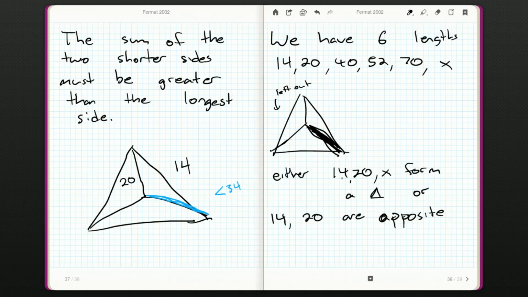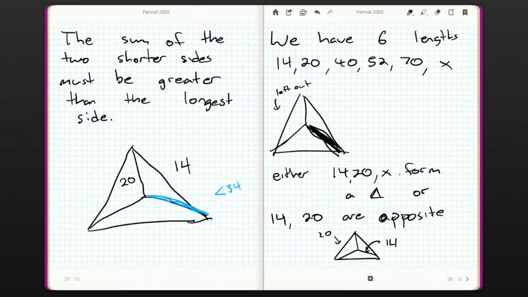So either we do have a triangle here, or 14 and 20 are left on the outside. So we'd get 14 here, and then we'd have 20 here. So that's the idea. These are two different cases that we can examine.